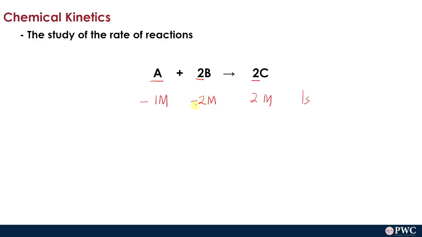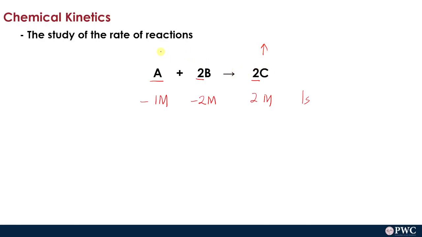Again, we use a negative here because the concentrations of A and B are decreasing over time, because in this reaction, A and B will transform to form 2C. Obviously, over time the concentration of the product will increase because it is formed over time.